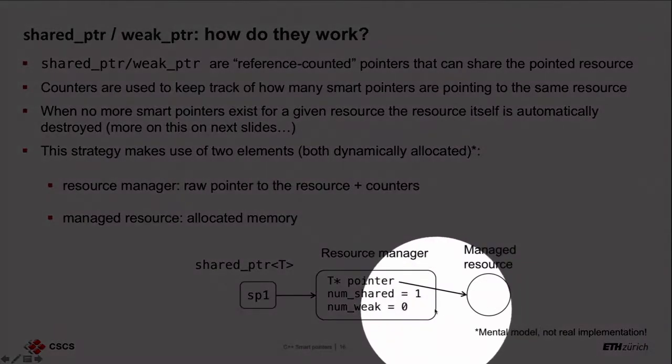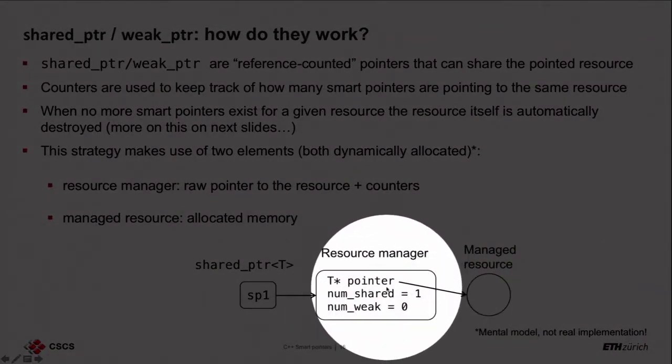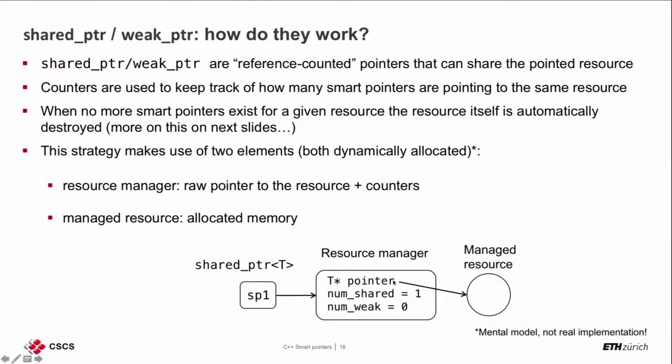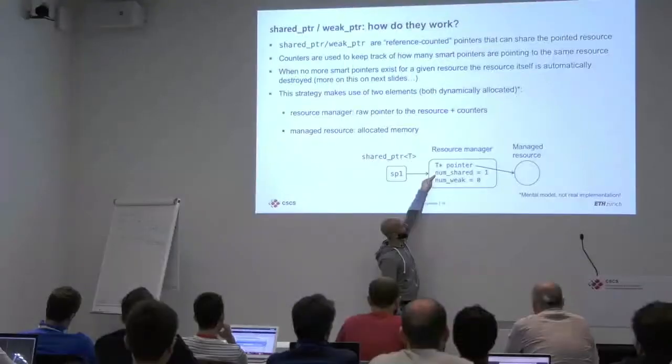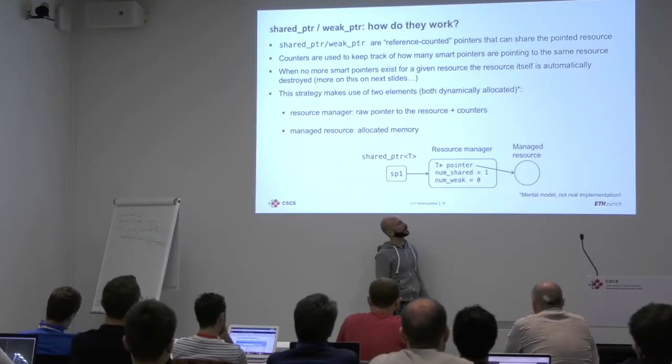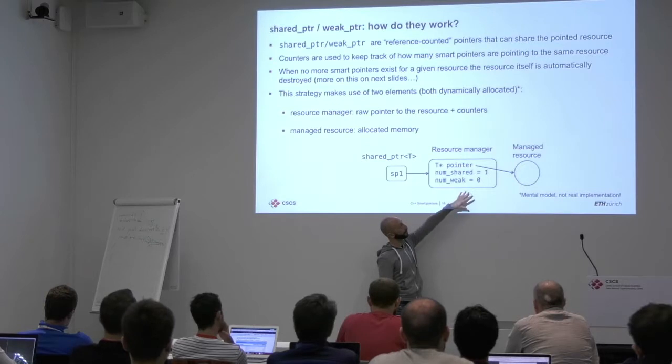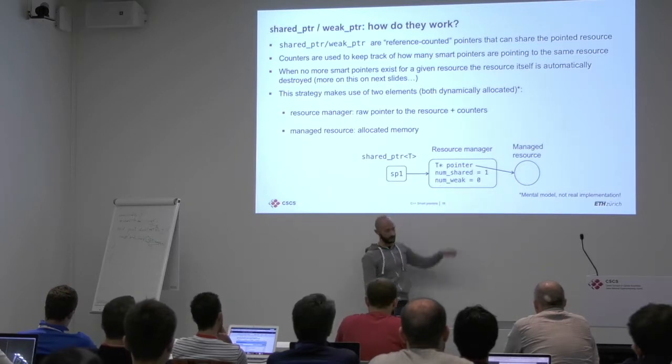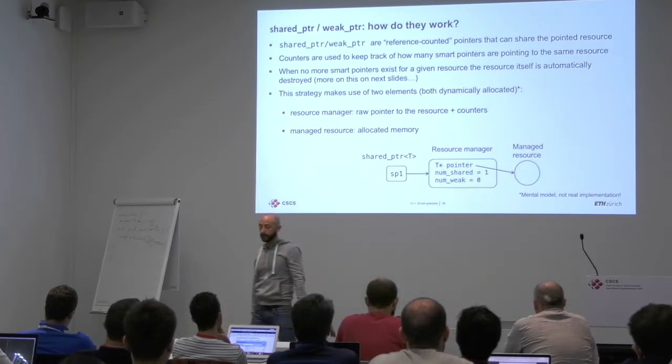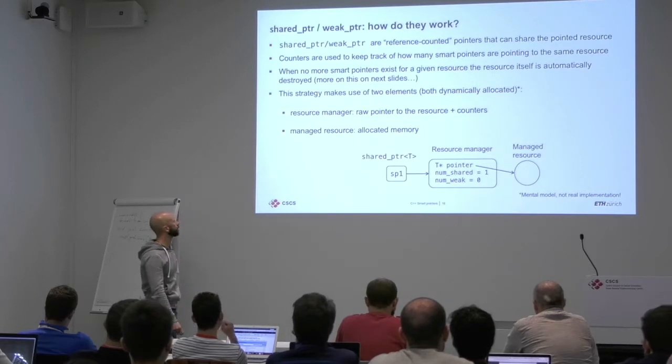And then you also make a dynamic allocation of this resource manager object, which contains two elements, basically. One is a raw pointer, an old style pointer, to the allocated memory. And then you have two counters. One is for the number of shared pointers that point to that given resource, and the other is the number of weak pointers that share the same resource.